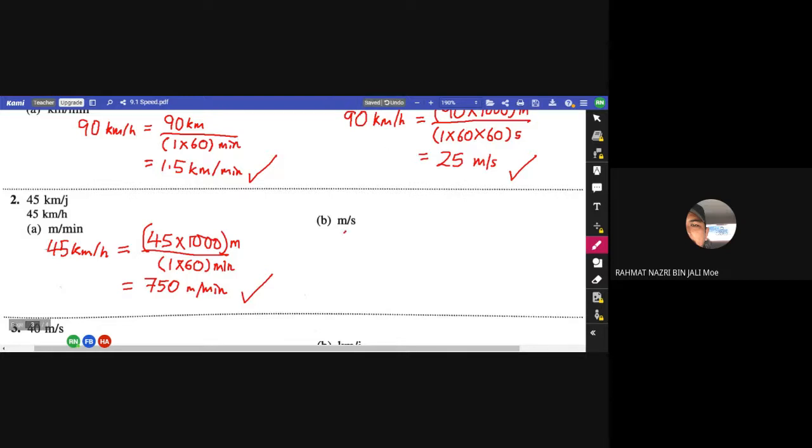Okay, question B, 45 kilometer per hour, convert to meter and second. So 45 multiply by 1000.